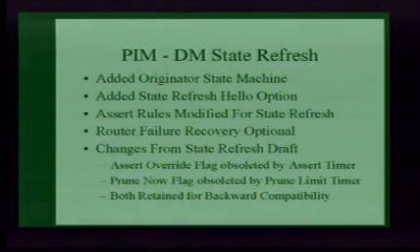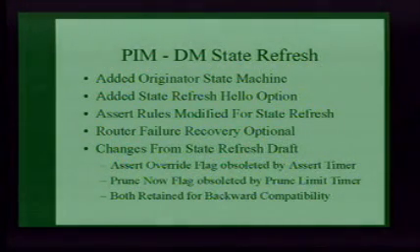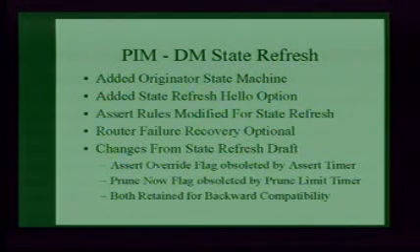In our main PIM draft, the previous PIM dense mode drafts said that prunes and asserts should be rate limited, but it wasn't very clear to what extent they should be rate limited. So in our draft, we made very specific rules about how they should be rate limited, which kind of were overlapping with the assert override flag and the prune now flag from the state refresh.